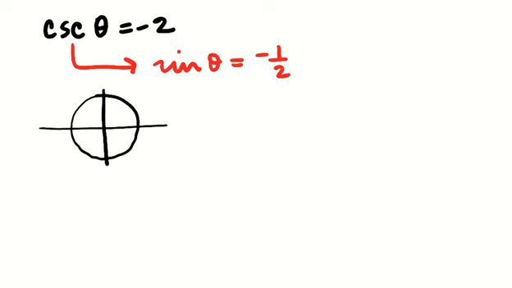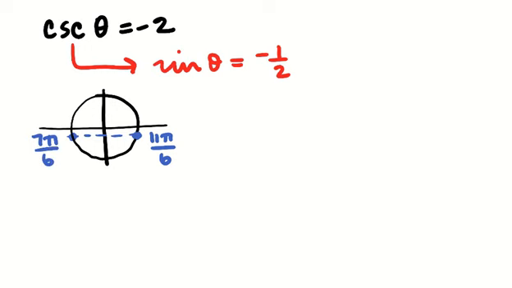Sine is the y-coordinate, and it's negative 1/2. That's not very negative. That's pretty early on in the unit circle. It's the smaller one. So I go over here, and I found two places where that happens. This is 11 pi over 6, and this is 7 pi over 6.